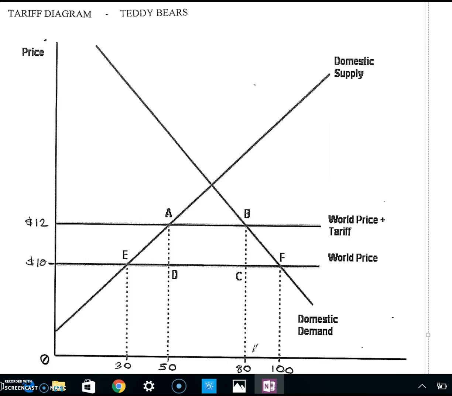Just some further instruction: you'll be filling out your tariff diagram on teddy bears, which I have either given to you or sent to you, depending on what format we use this video in. Then you will be submitting that to me either by hand, or you'll send it through to me as a document over the net. Okay, good luck, and let's find out about the impacts of tariffs on teddy bears.